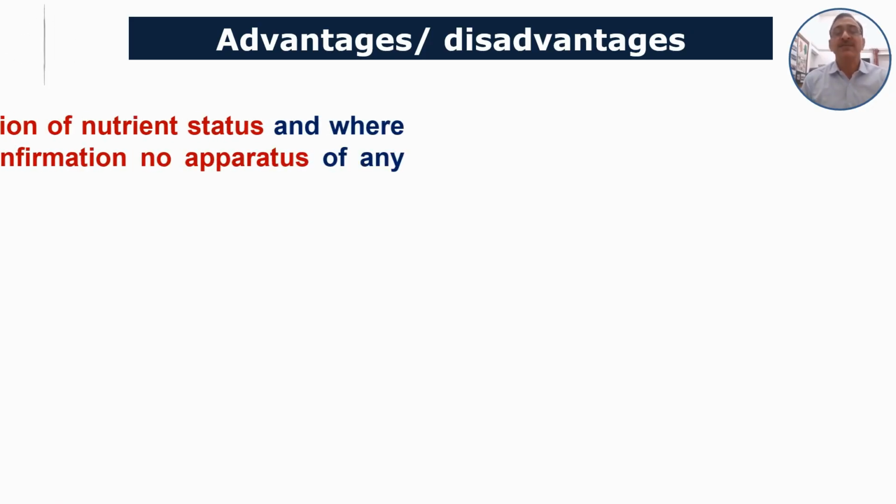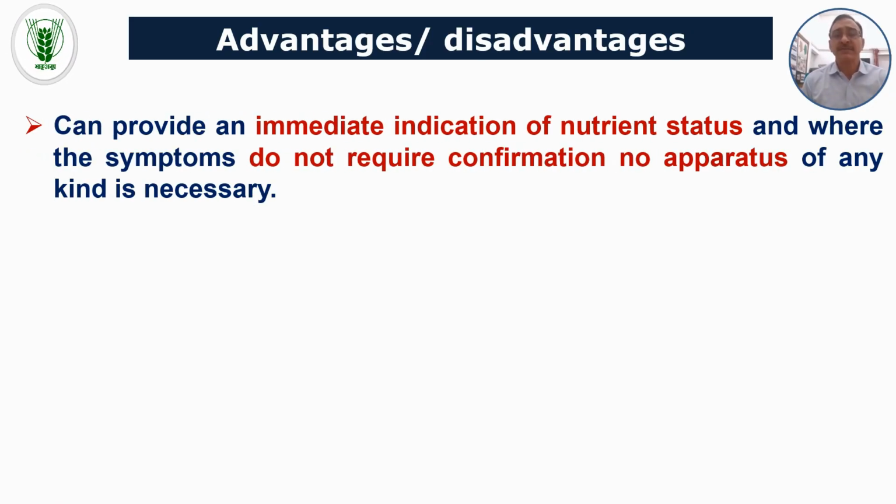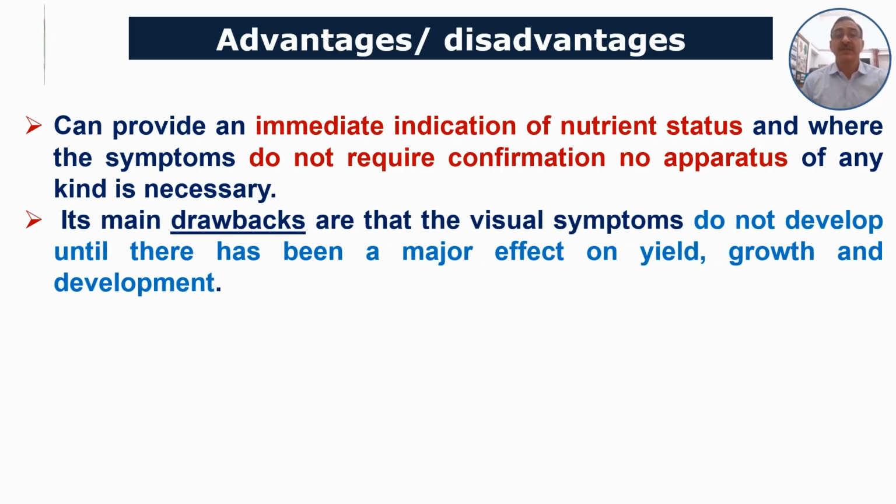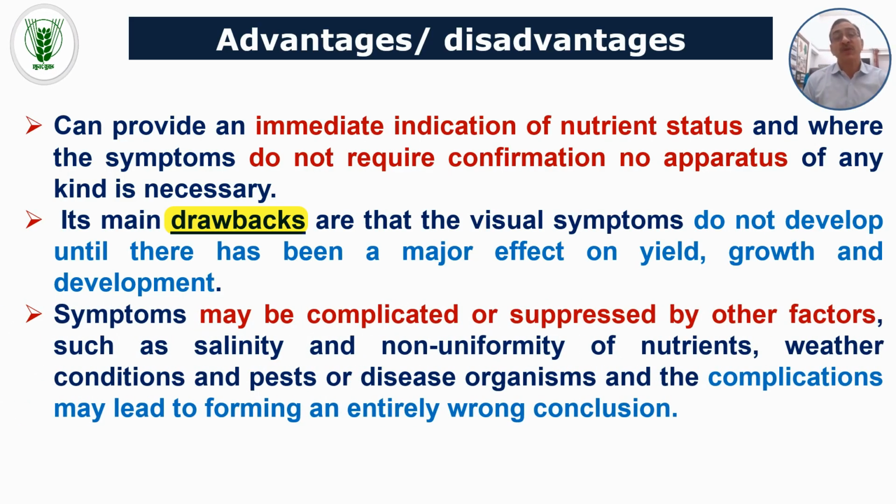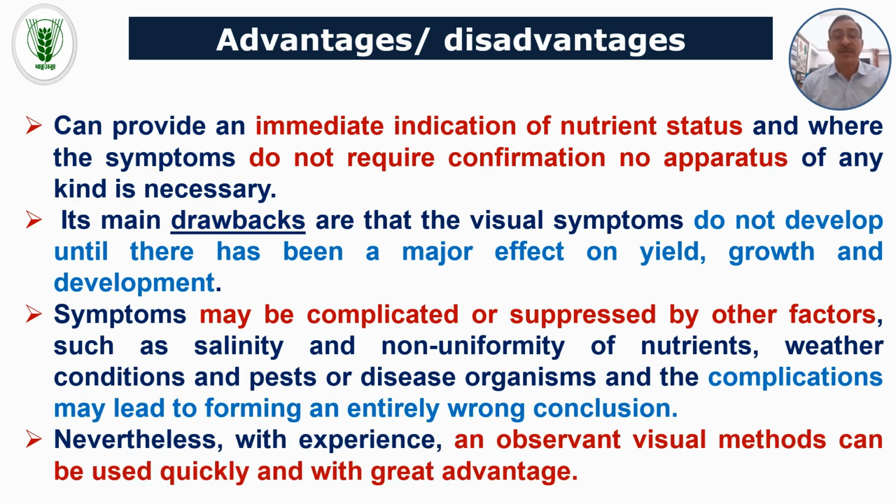There are certain advantages and disadvantages with diagnosing symptoms as a way of assessing fertility. The advantage is that it gives us an immediate indication of nutrient status in the soil and plant and does not require much confirmation. But the disadvantage is that visual deficiency symptoms do not develop until there has been a major effect on yield, growth and development.